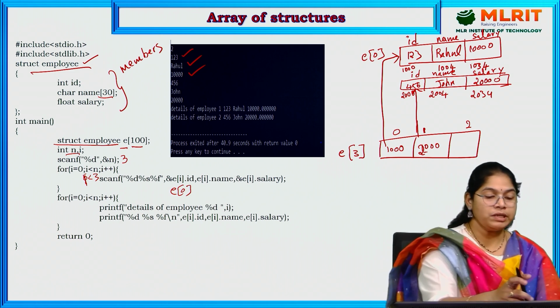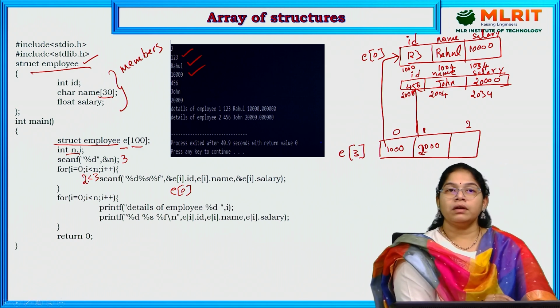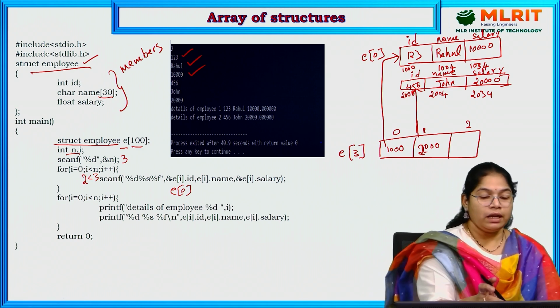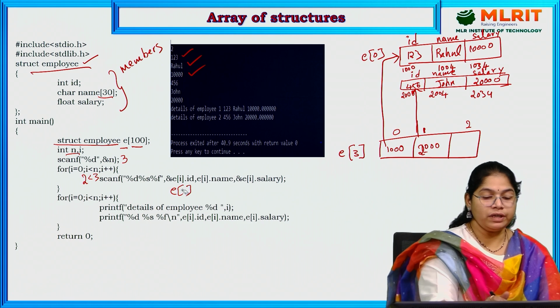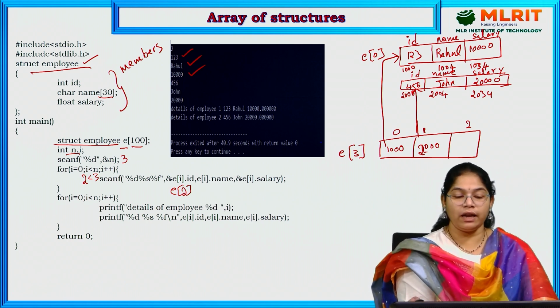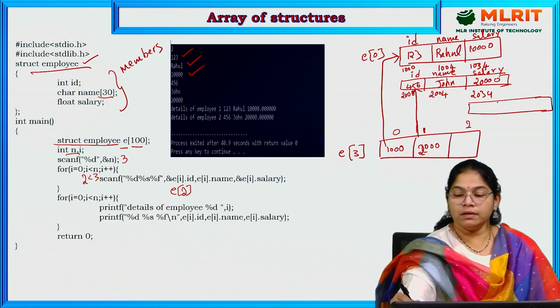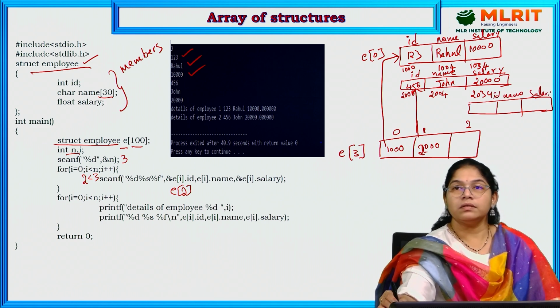Again i plus plus, now i becomes 2, 2 less than 3, the condition is true. Then next E of i, E of i is E of 2. The next employee details, the employee which is there at index E of 2. This employee is also having members like ID, name, salary.